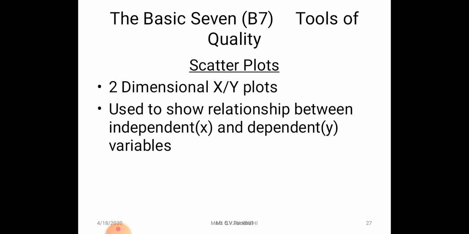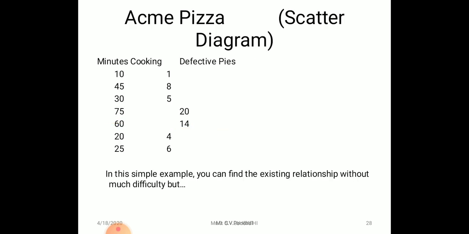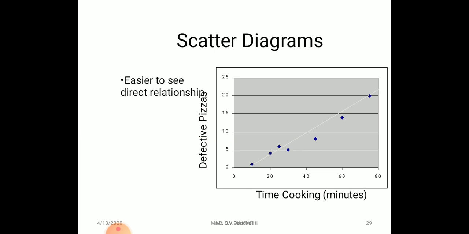First we should understand what a dependent variable and an independent variable are. If I explain with an example, that will be easier for you. Take cooking time in minutes and defective pizza. Defective pizza is dependent on cooking time. So defective pizza is the dependent variable and cooking time is the independent variable.